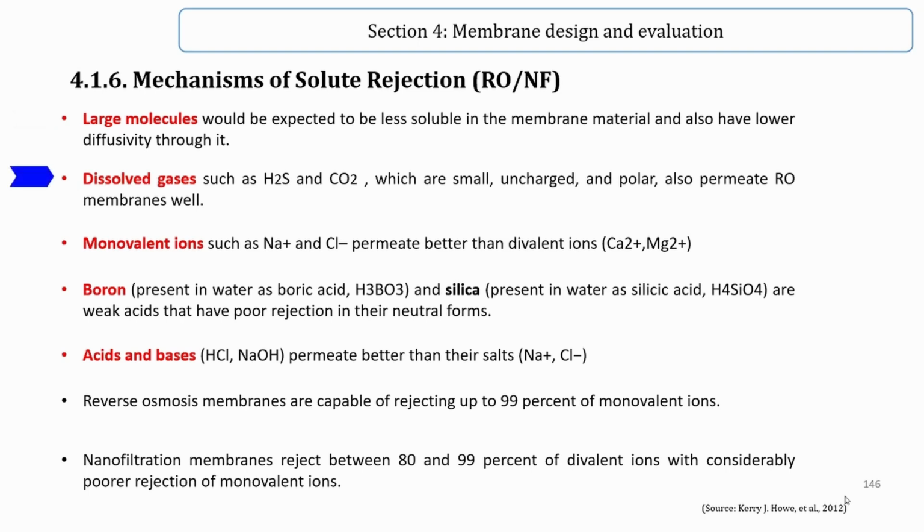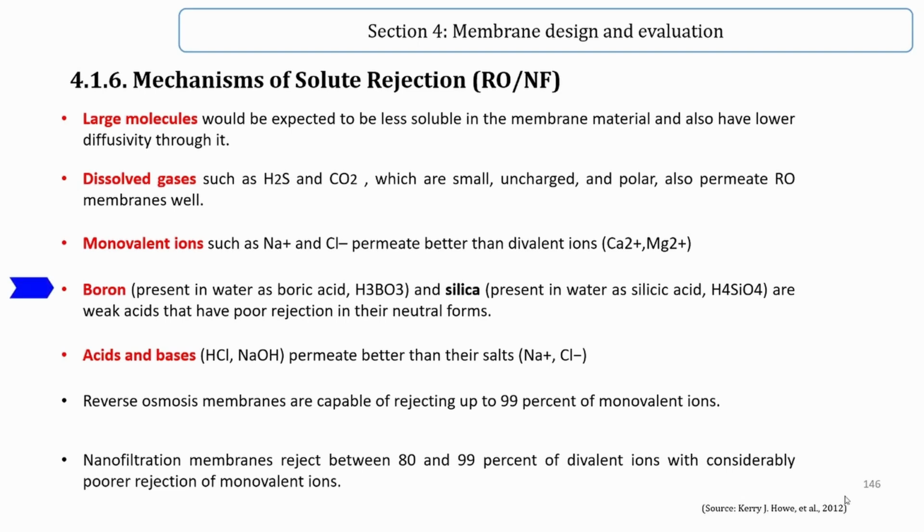Dissolved gases such as hydrogen sulfide and carbon dioxide, which are small, uncharged, and polar, also permeate reverse osmosis membranes well. Monovalent ions such as sodium and chloride permeate better than divalent ions such as calcium and magnesium because the divalent ions have greater electrostatic repulsion.